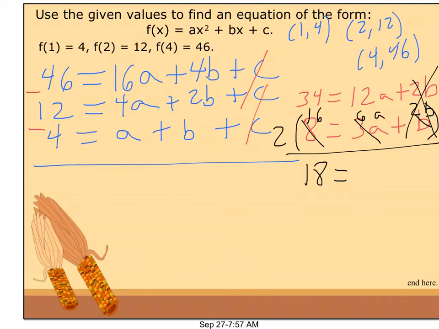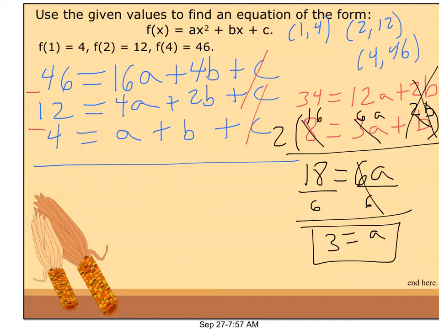And 12 minus 6 is 6. All right, now I've taken all this down to 1 equation with 1 variable. This is my kind of equation. 18 equals 6 times a. Nothing to it. Divide both sides by 6. Well, there we go. a is 3. I'm really starting to move in the right direction here. I know that a is 3.